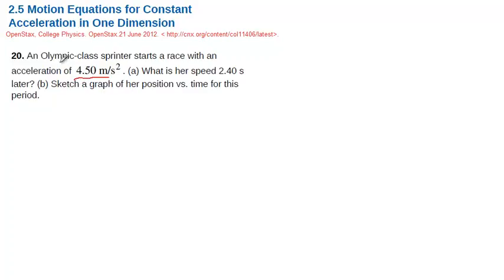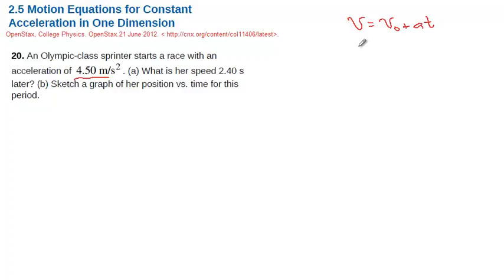Now, again, for constant acceleration motion in one dimension, I normally write all the equations that I know. There are, I think, only four that will be relevant. I'll write V final is equal to V initial plus AT, where A is acceleration and T is time. Note that this is for constant acceleration motion.